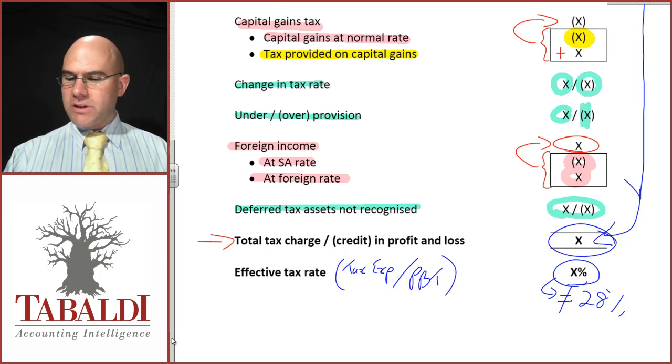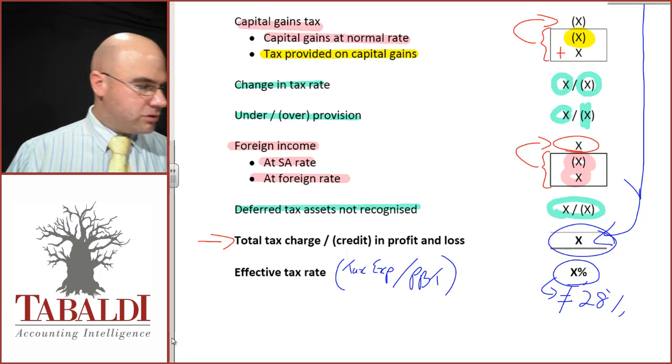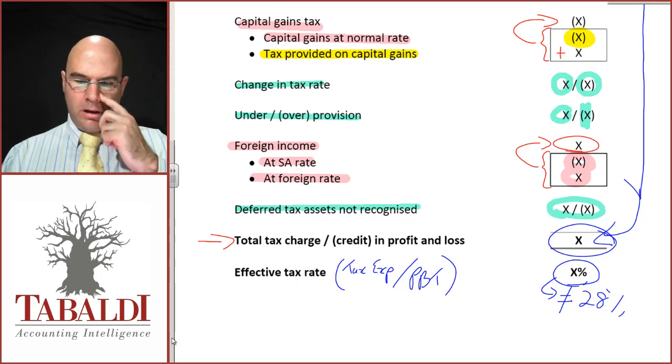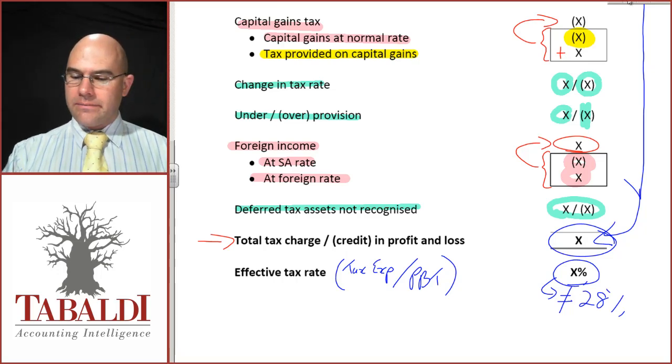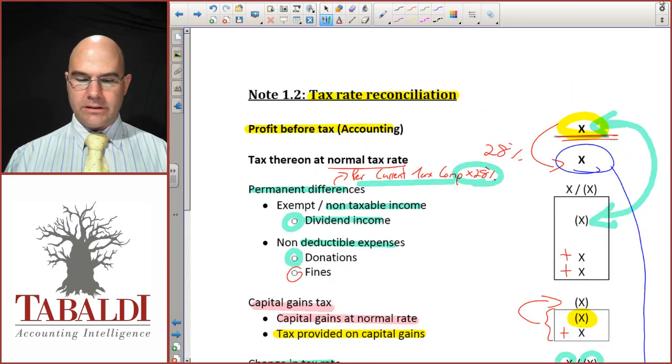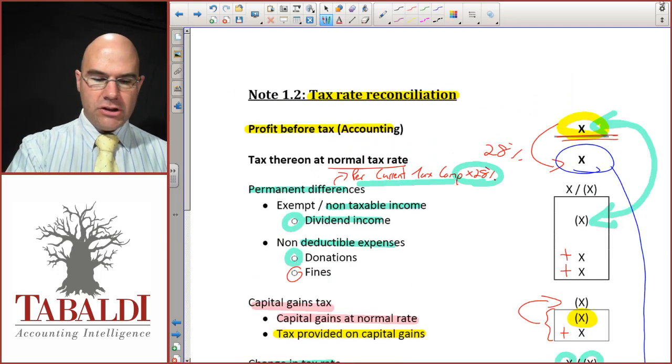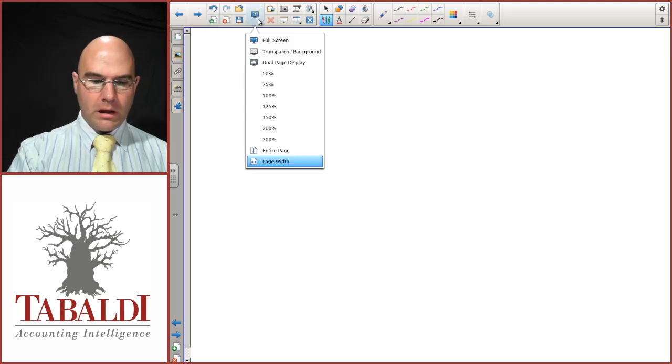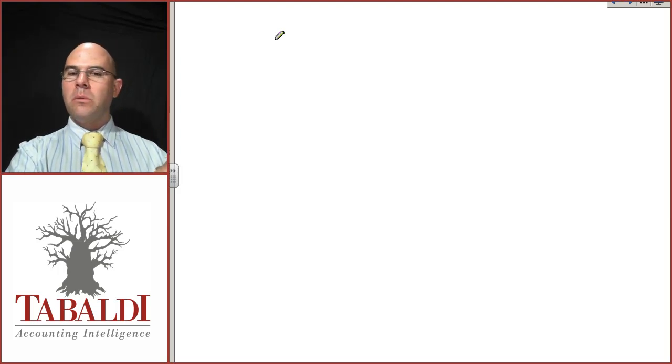So, just before we go on to the statement of financial position, I would like to quickly have a look at other comprehensive income. Okay, so just adding a page in here quickly. And remember, profit before tax is a profit and loss item. Therefore, the tax expense relating to that will also be a profit and loss item.